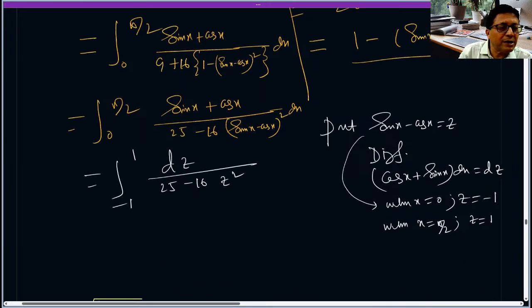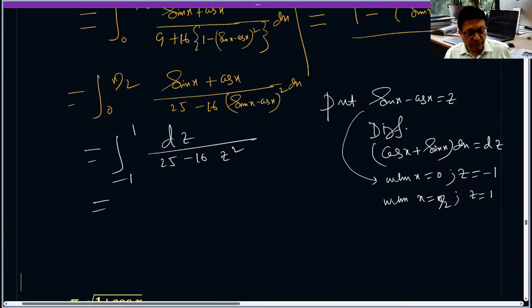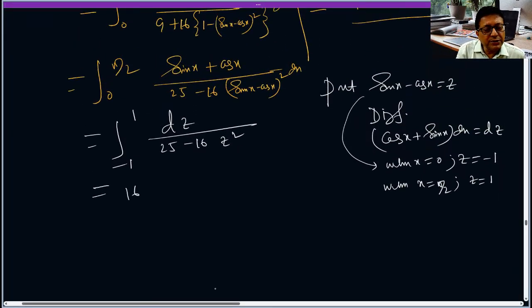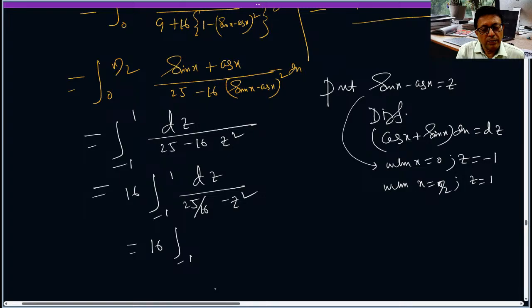Is this a standard integral? Obviously, you just take 16 common. That is just a one-step sum. 16 you take common. dz by, what is the integration of this?